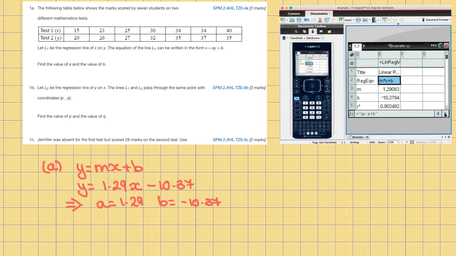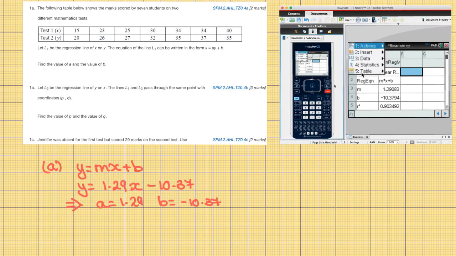Go to the right, find an empty cell, and in order to find the common point to both, the only point that is common to both regression lines is mean x and mean y. So you can use your GDC to find mean x and mean y.